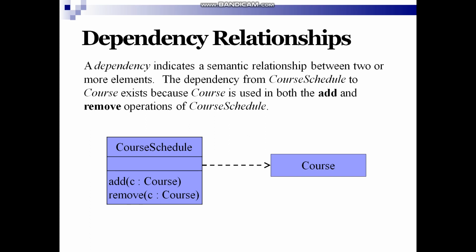The dependency from course schedule to course exists because the course is used by both the add and remove operations of course schedule. That's why we have to use the dependency. In the symbolic representation of dependency, one part is independent, another part is dependent.